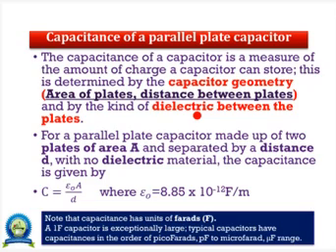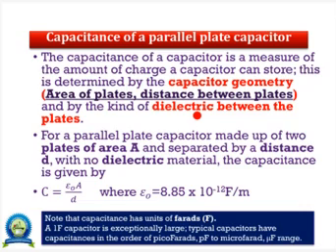For a parallel plate capacitor made up of two plates of area A and separated by a distance D with no dielectric material, the capacitance of that capacitor is given as C equals epsilon naught A over D, where epsilon naught is the permittivity of free space, and it has a constant value of 8.85 times 10 raised to power minus 12 farad per meter.